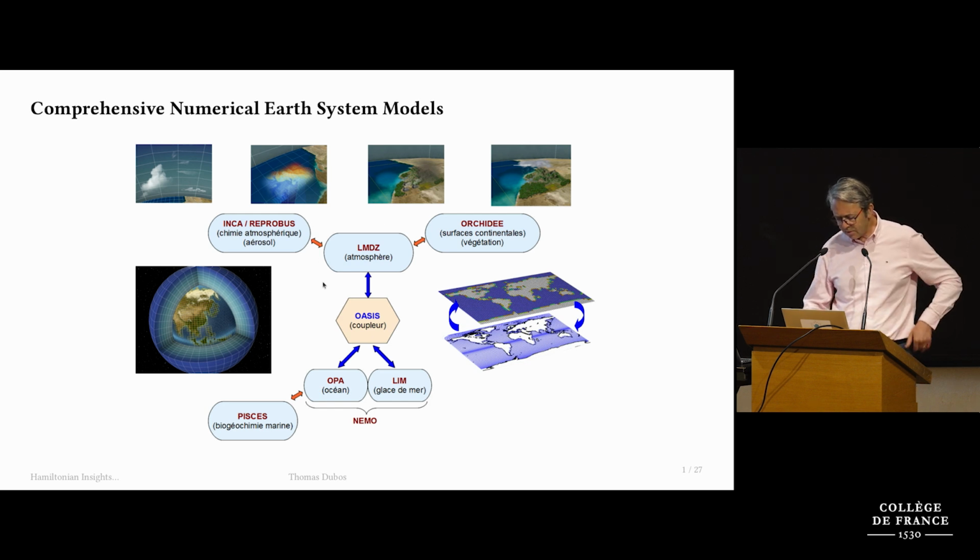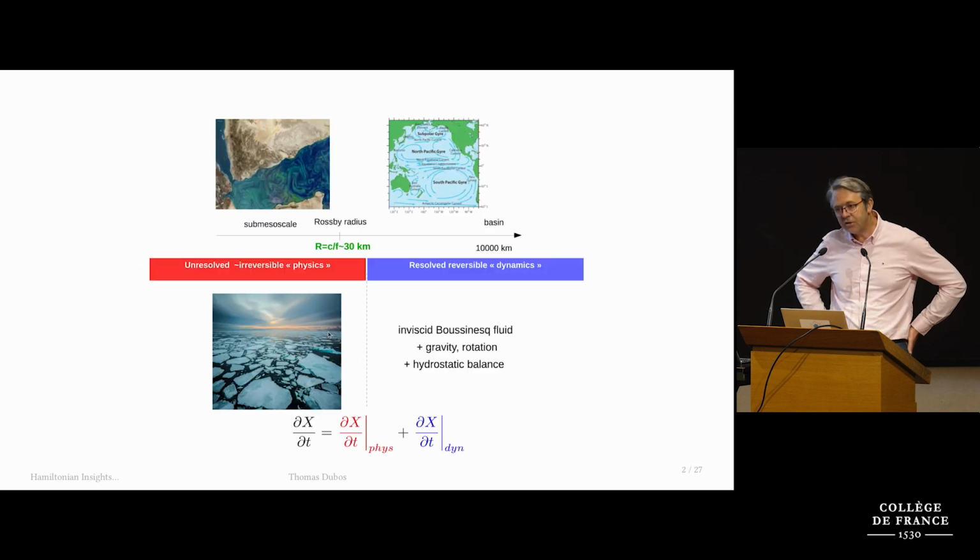So we have already subcomponents in these system models, but even at the level of, say, the atmosphere or the ocean, there is this traditional distinction between the resolved part, the so-called elegant part in the previous talk, and the unresolved part, the so-called messy part.